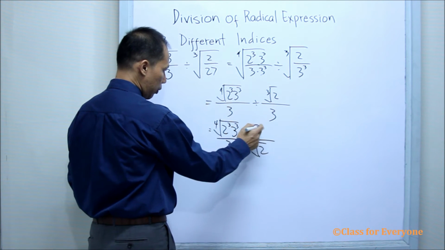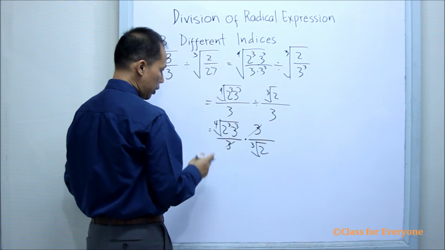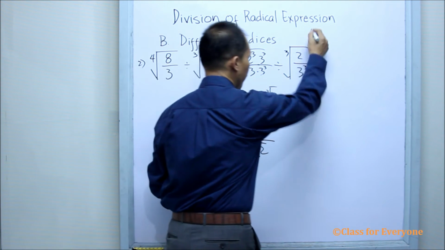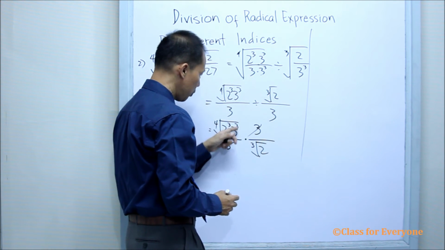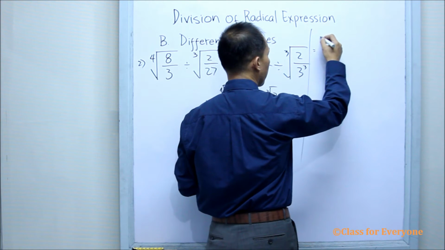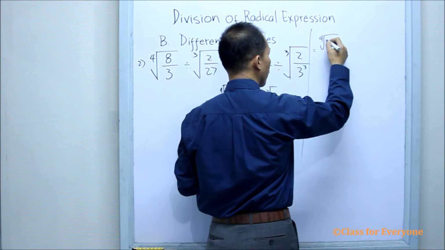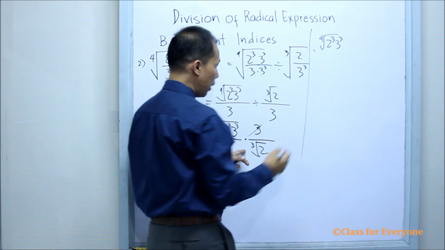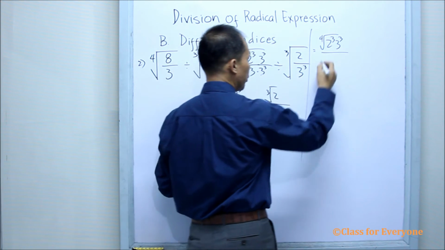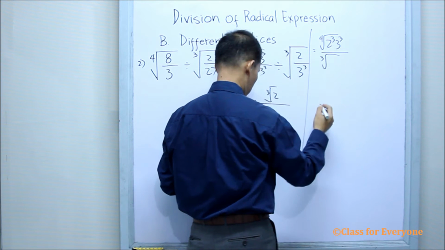Notice that we can divide out 3 here. So we'll just multiply. Continue. The fourth root of 2 cubed, 3 cubed, divided by the cube root of 2.